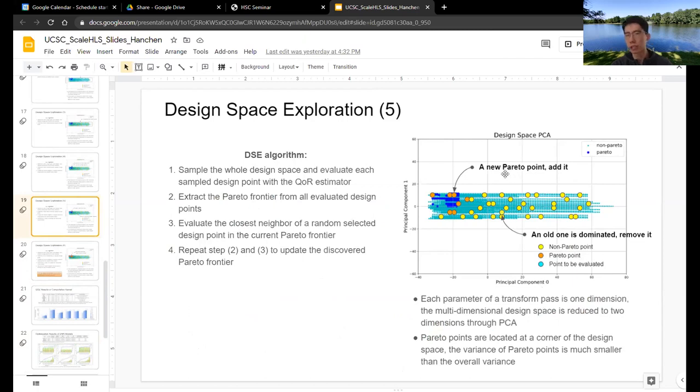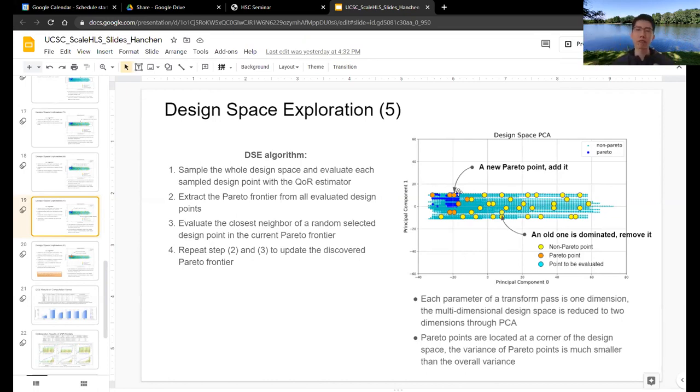So first, this is actually not only in the PCA space, but also in the original multi-dimensional design space: the variance of the Pareto points is also smaller than the overall variance. And actually, not all the Pareto points are clustered together, but there are several small clusters, right? The Pareto points like to cluster with each other, and there are several clusters in the design space.